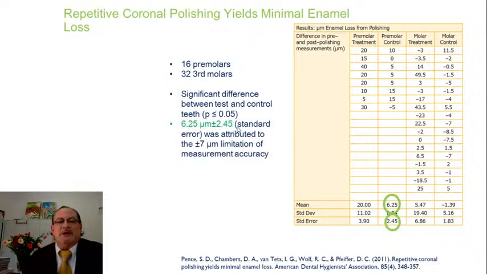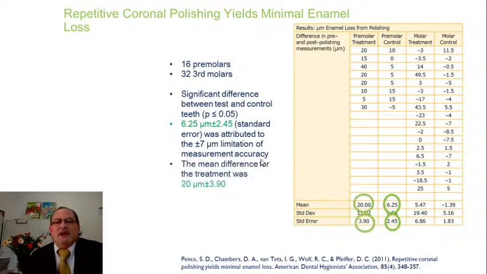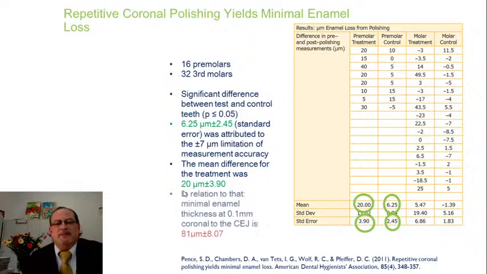It was significant with P lower than 0.05, and the standard error of 6.25 micrometers was attributed to the 7 micrometer limitation of the measurement accuracy. So the mean difference for the treatment was in the end 20 micrometers loss of enamel.